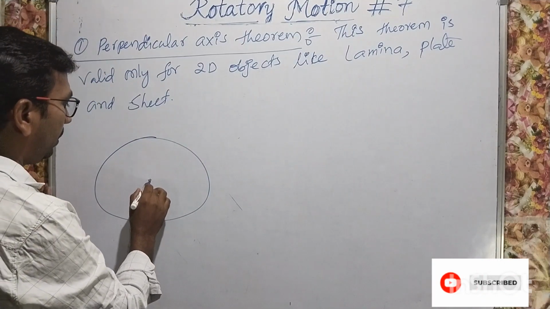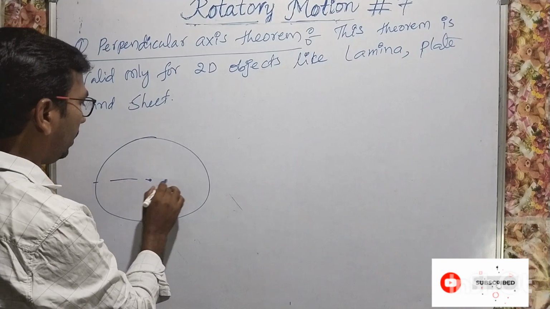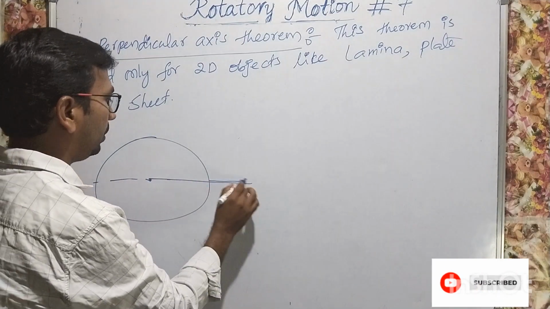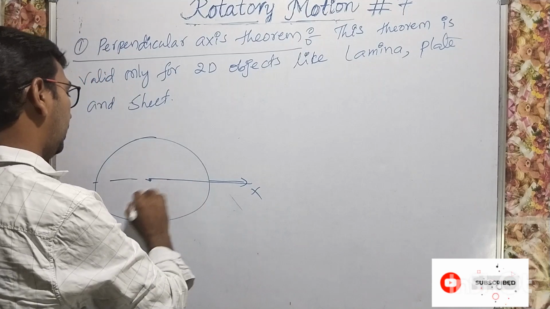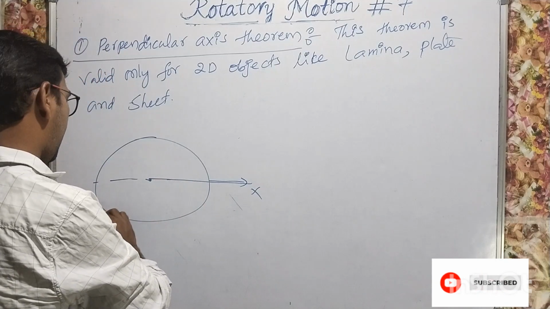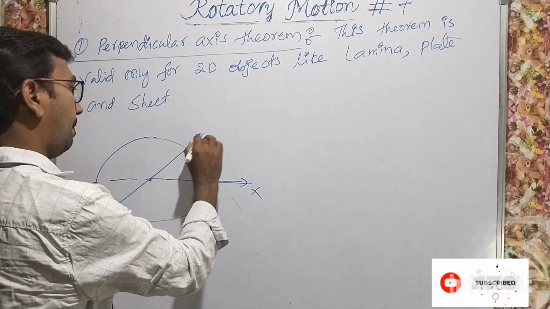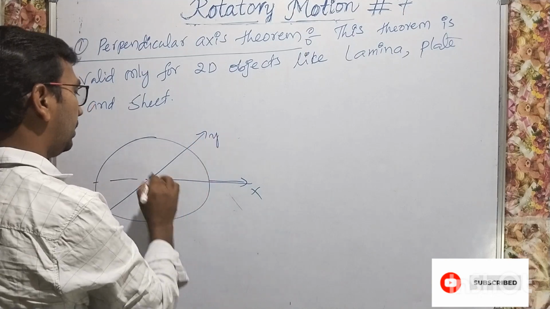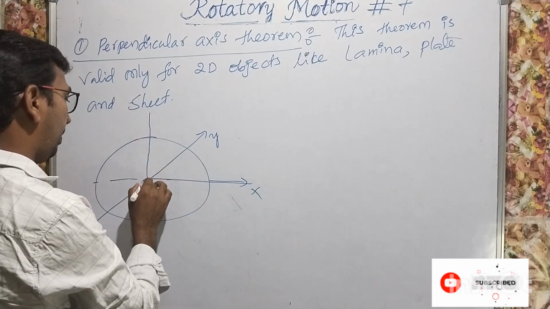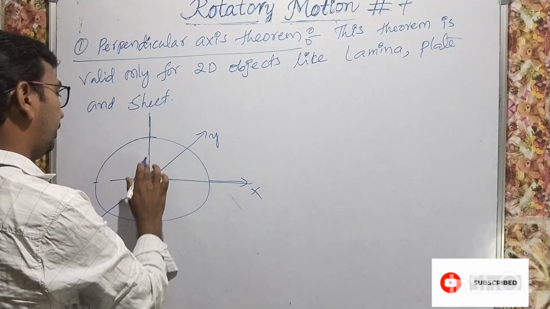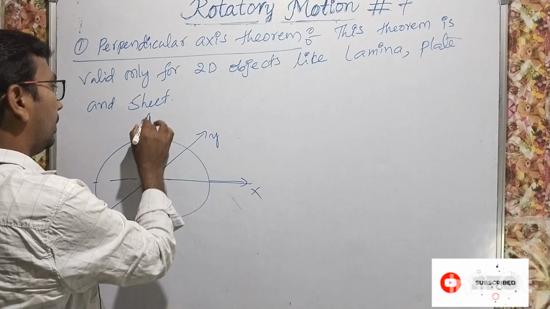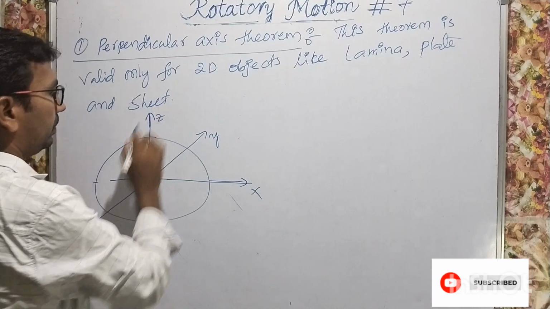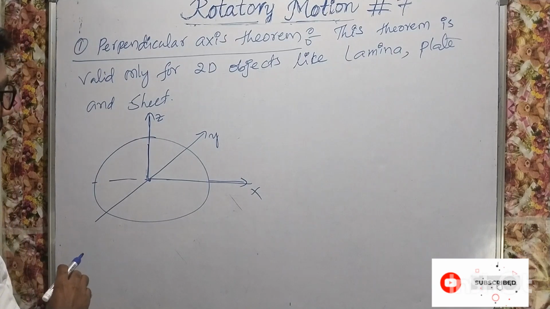So this is the center, this is the x-axis, this is the y-axis, and this is the z-axis. X, Y, Z axes.